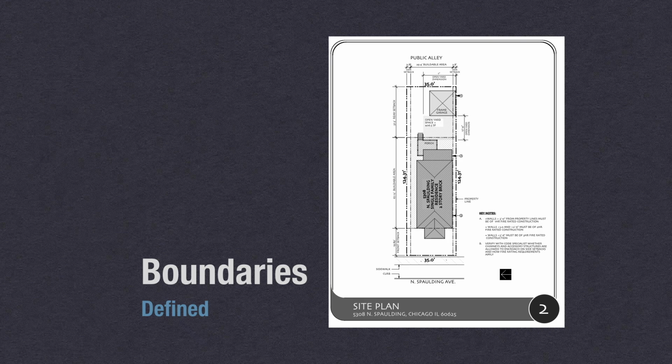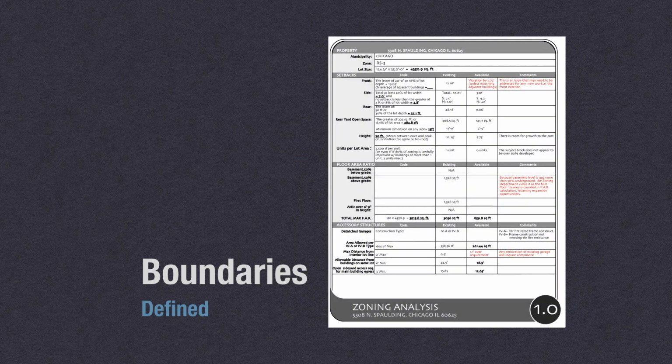If it's a vacant lot, obviously no structures will be on it. If we're doing a renovation project, it'll show us the footprint of the existing structures, which will allow us to look up setbacks and such, and we will complete our own little zoning analysis form.